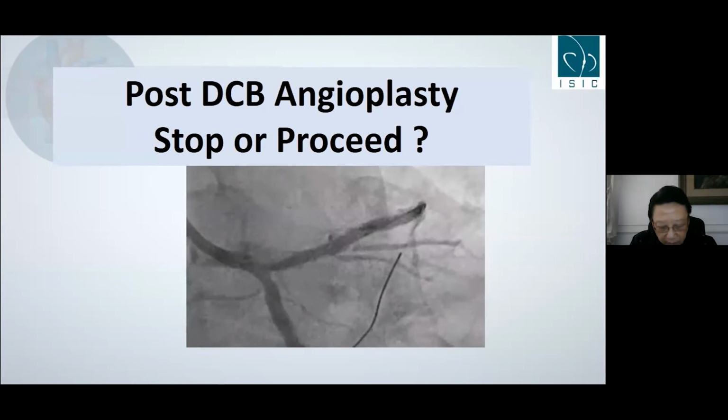Of course, we have dilated the LAD as well as the circ with drug-coated balloon, and if we implant another DES, that means we double treat the lesion, and there is no clinical study for this. But as we all know, good doctors always know when to deviate from the guidelines, as Dr. Fauzi used to say.